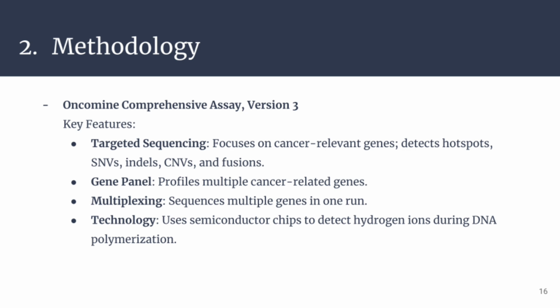The gene panel enables comprehensive profiling of numerous cancer-related genes. Multiplexing allows simultaneous sequencing of multiple genes in a single run. As for the technology mechanism, it detects the hydrogen ion release during DNA polymerization and utilizes semiconductor chips for sequencing.